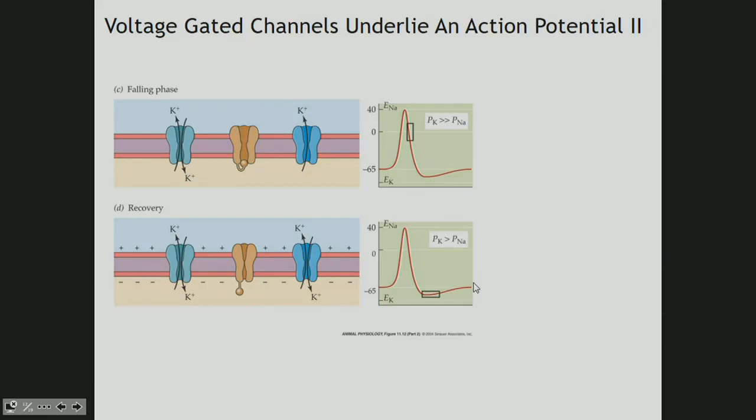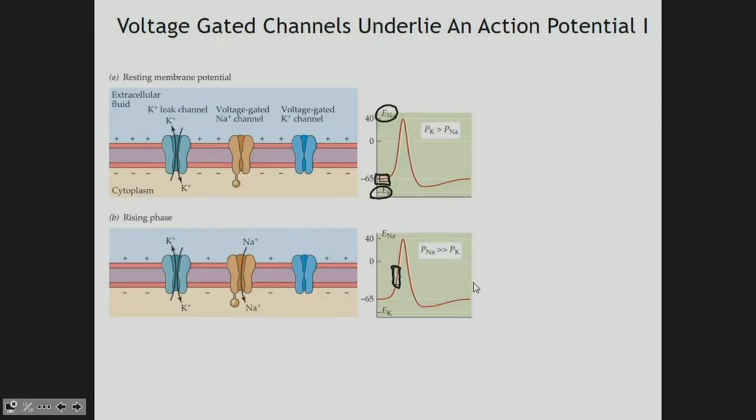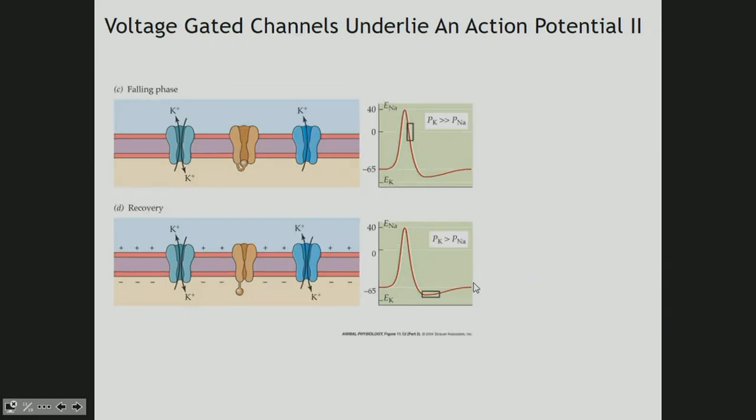So let's take a step back and go back to the sodium channel. During the rising phase, you'll notice now that the voltage-gated sodium channel was closed, and now it's open. That's what's causing this tendency for the membrane to move towards the equilibrium potential for sodium. Your voltage-gated potassium channels are still closed. That eventually gets you to here, the overshoot.